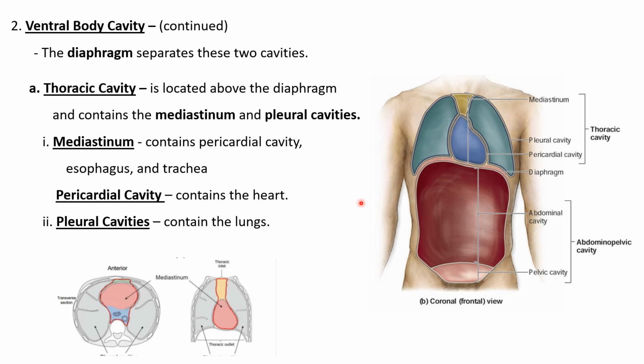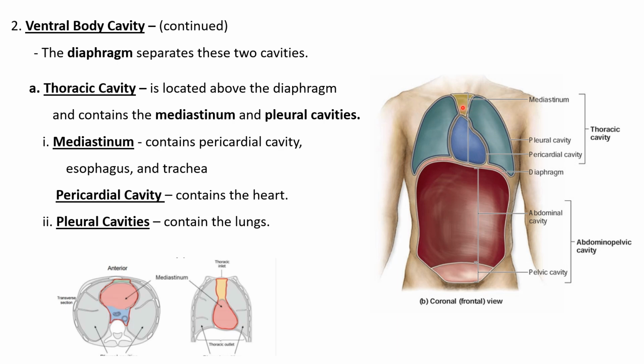And I've heard it pronounced mediastinum or mediastinum, but the mediastinum contains the pericardial cavity. Peri means around. Anyone know what cardial would mean? You've heard of maybe a cardiac event. So cardial is heart. So the pericardial cavity contains the heart.